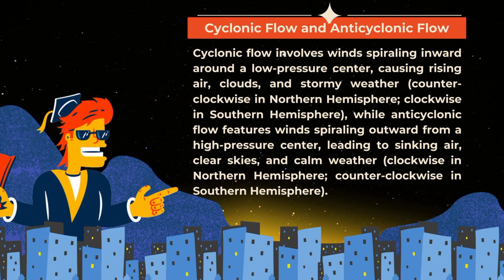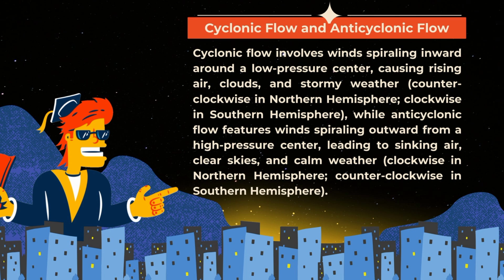Next, let us discuss cyclonic flow and anticyclonic flow. Cyclonic flow involves winds spiraling inward around a low pressure center, causing rising air, clouds, and stormy weather. So cyclonic flow is the wind circulation around a low pressure system or a low pressure area or region.